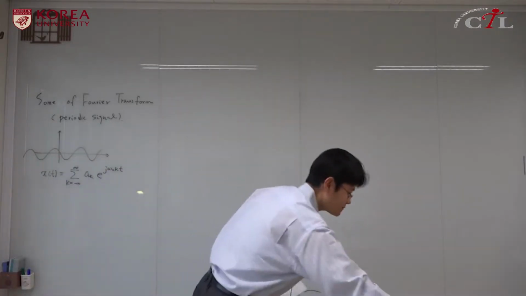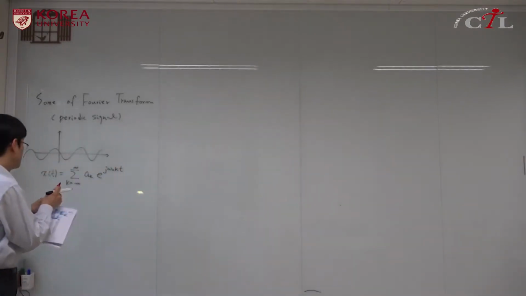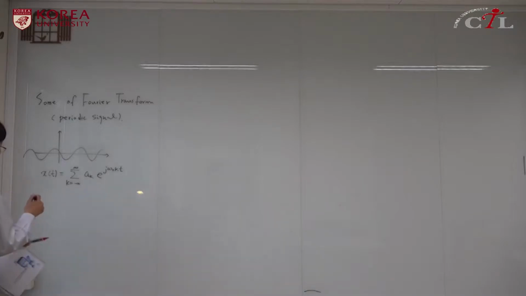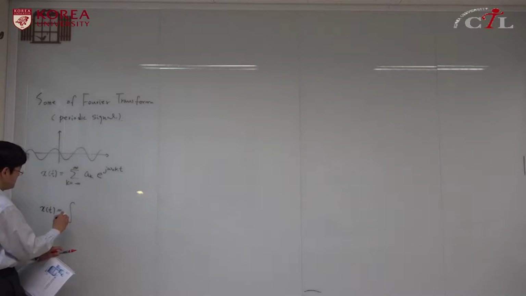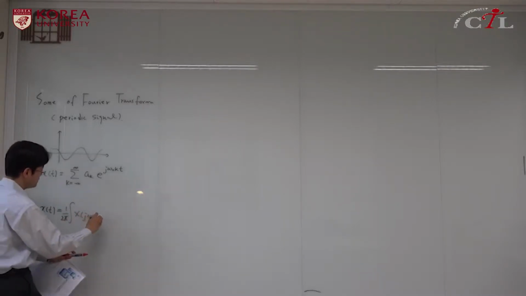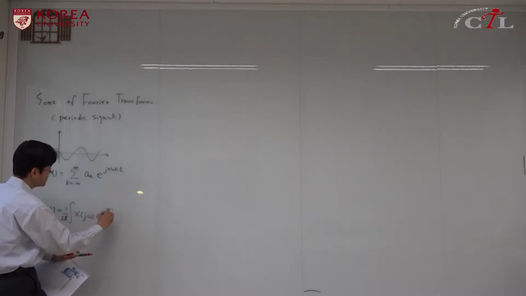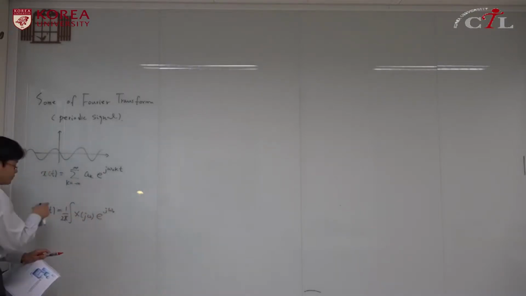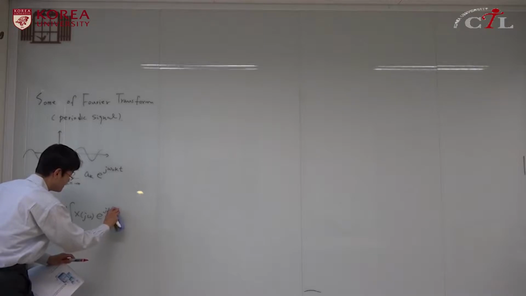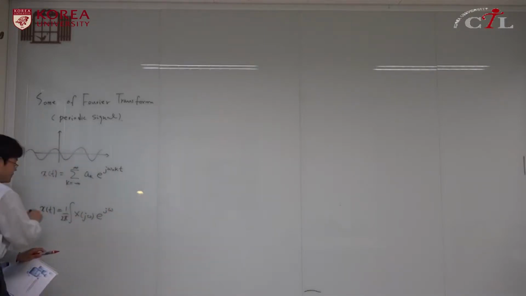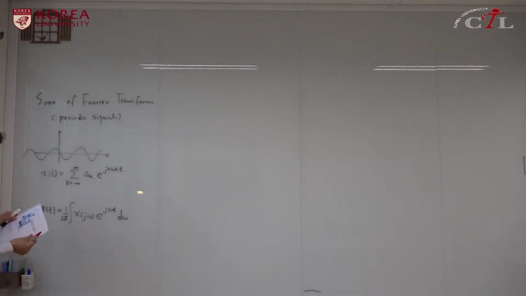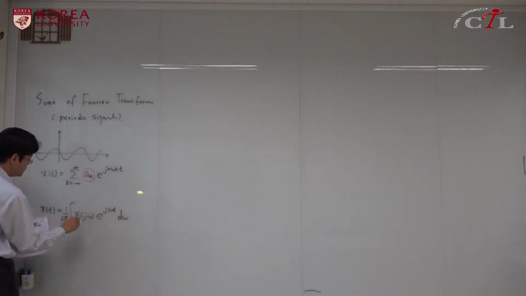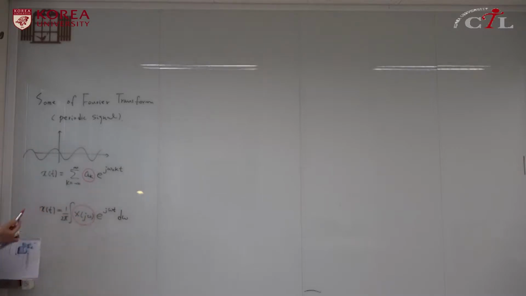Now, if I want to represent x(t) as 1 by 2 pi times the integral of X(j omega) e^{j omega t} d omega, then we want to find some match between a_k and X(j omega).